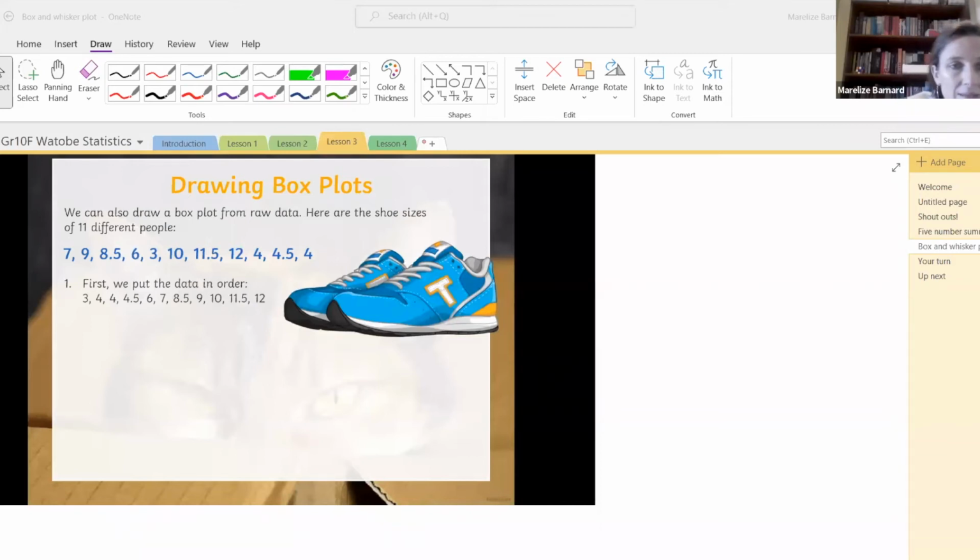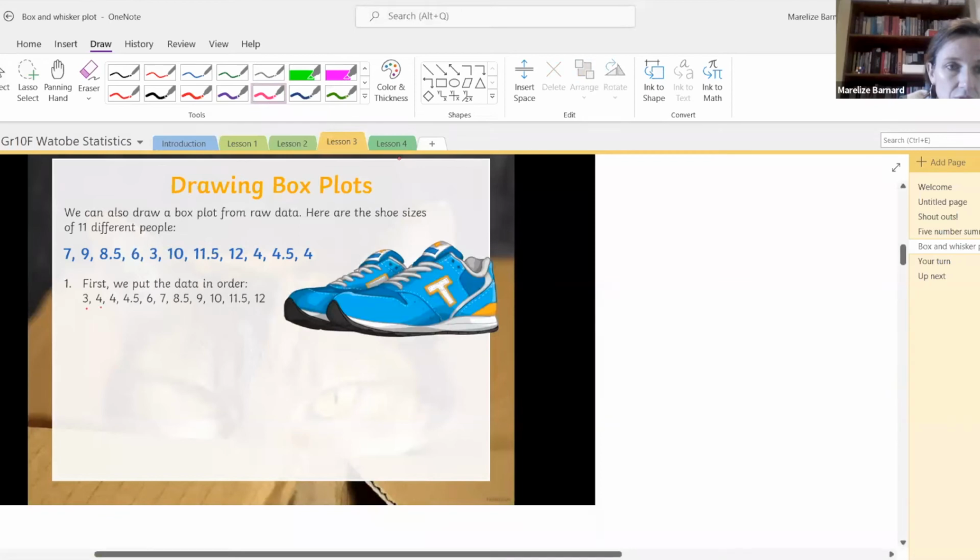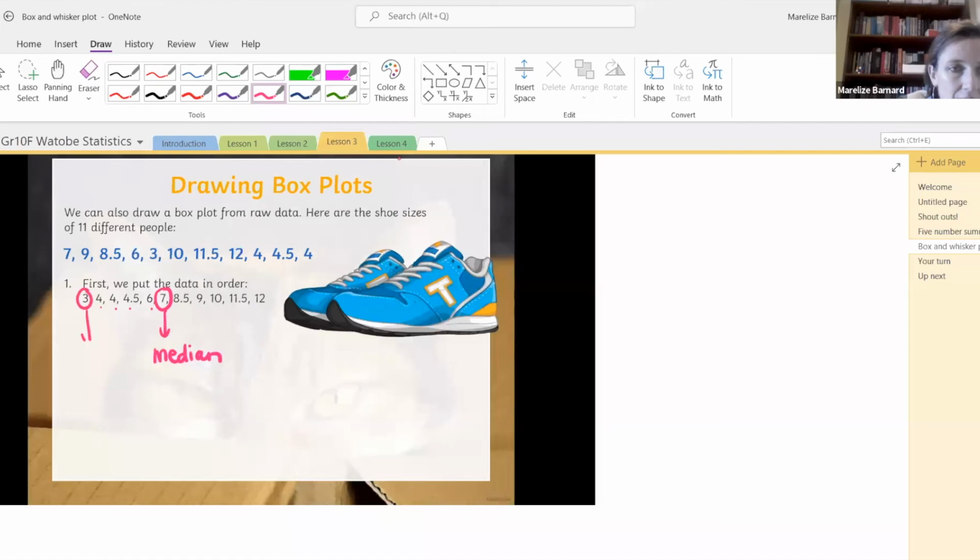Okay, so where is our median? Our median, 1, 2, 3, 4, 5, 6. Our median is 7. Our min is 3.